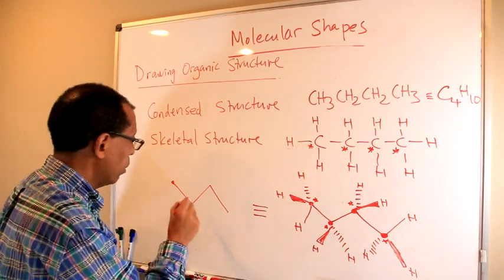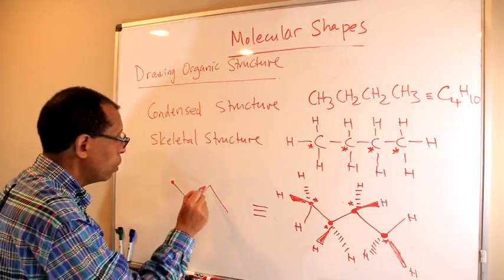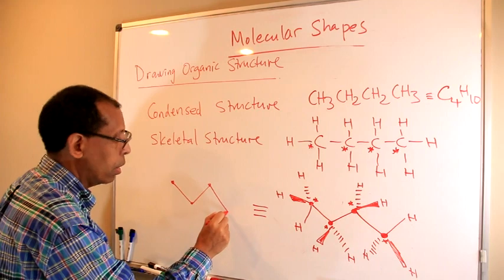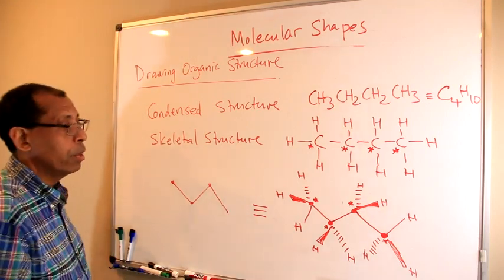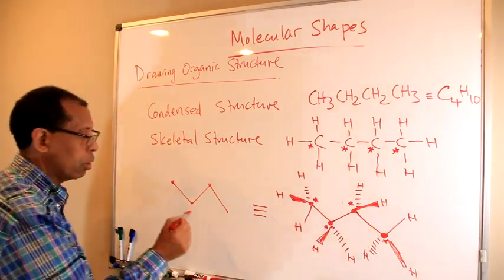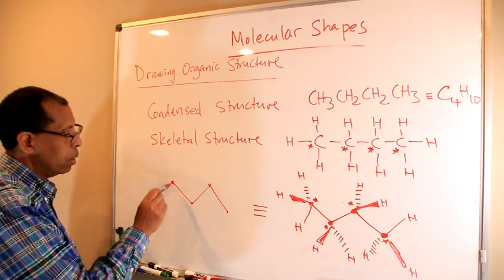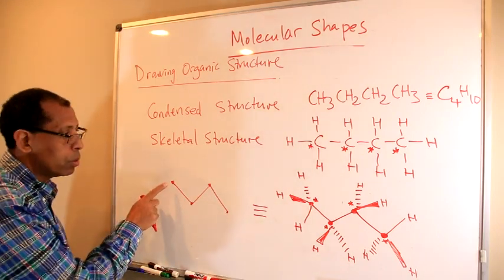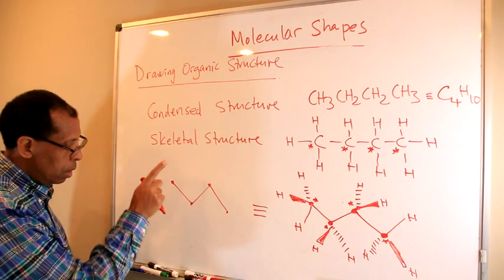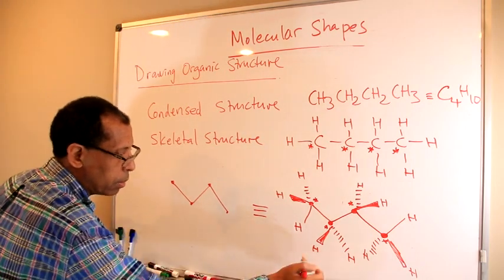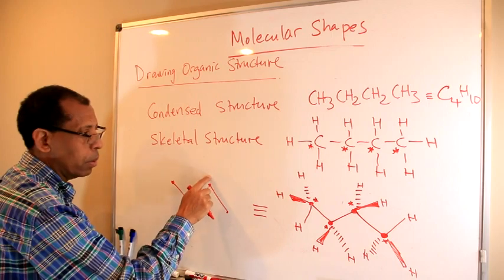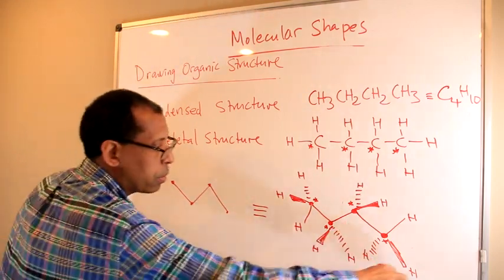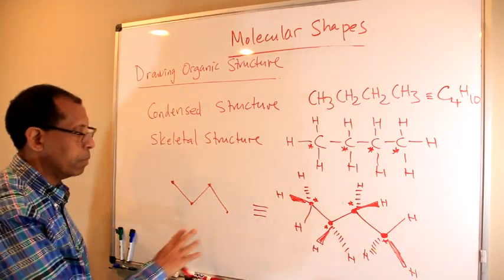There are 4 carbons, 1, 2, 3, 4 carbons. The rest are hydrogen. So this structure is actually this: 1, 2, 3, 4. Remember, there are 3 hydrogens on this, 2 hydrogens on this, 2 hydrogens on this, and 3 hydrogens on this.